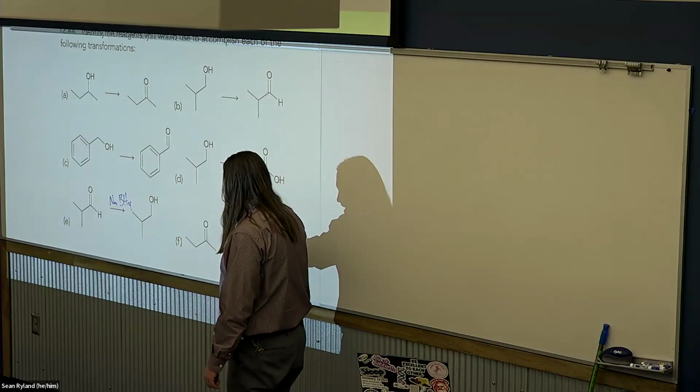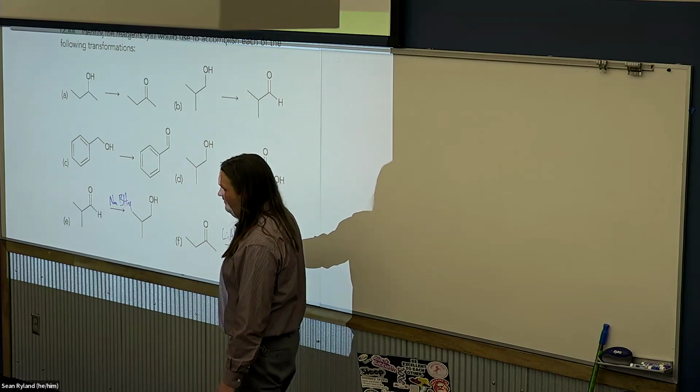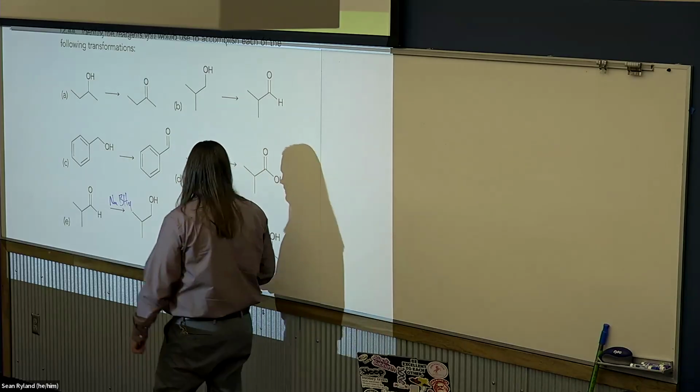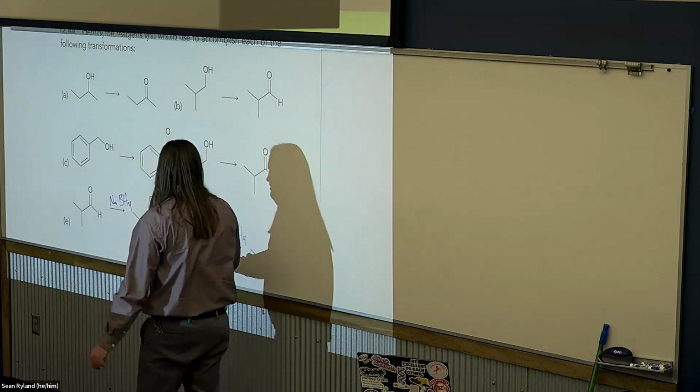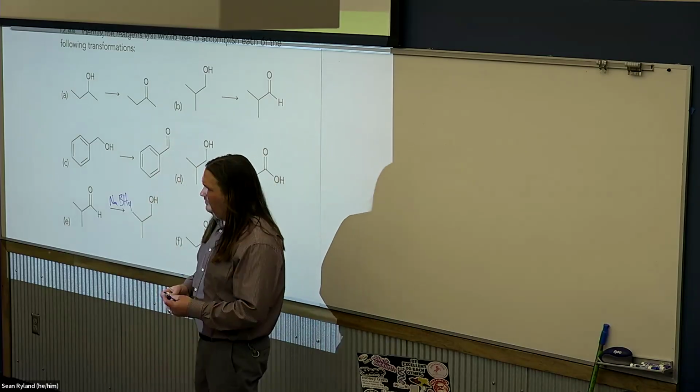This one you practically use only if it's an acid or an acid derivative. For these two, there's an aldehyde and a ketone, so you can use sodium borohydride. That would be fine.